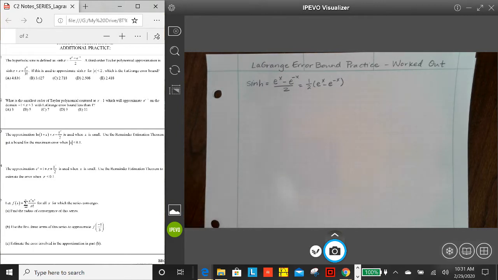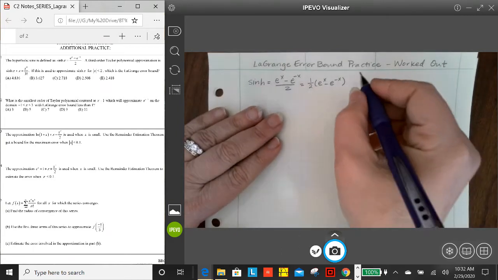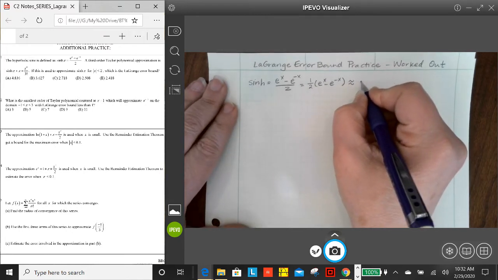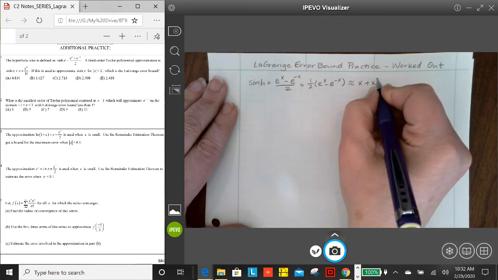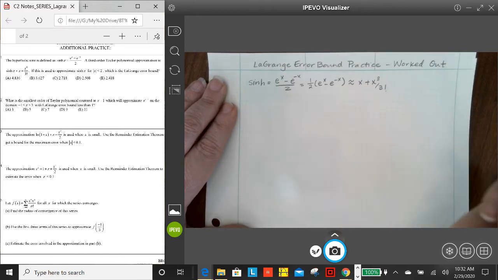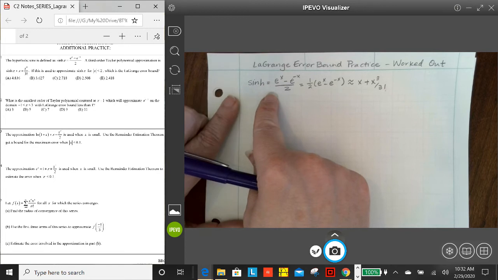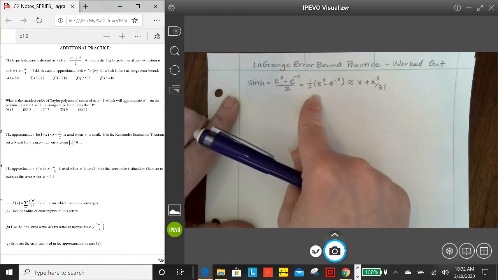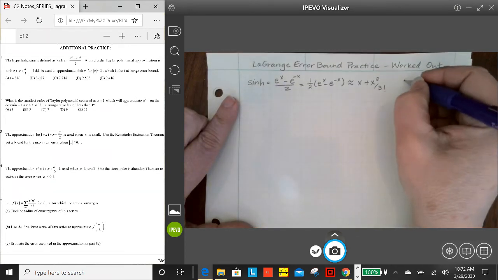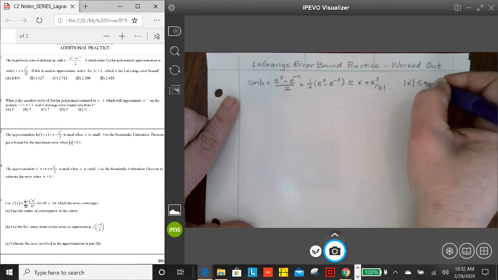use the third order Taylor polynomial, which they gave us. They're saying we're going to approximate it using x plus x cubed over 3 factorial. And we're going to use this Taylor polynomial to approximate this function for absolute value of x less than or equal to 2.